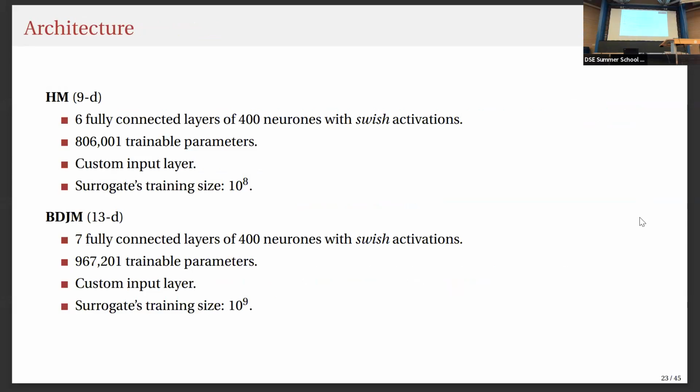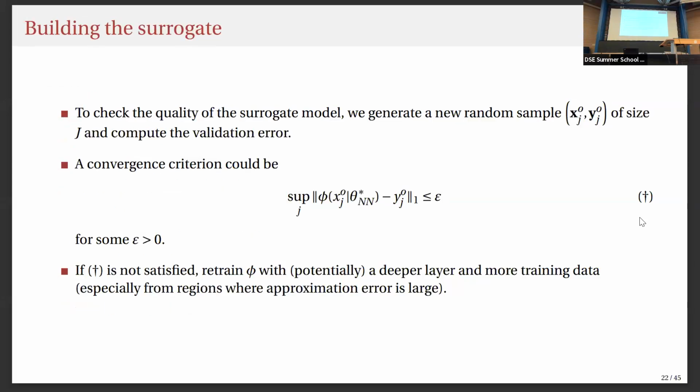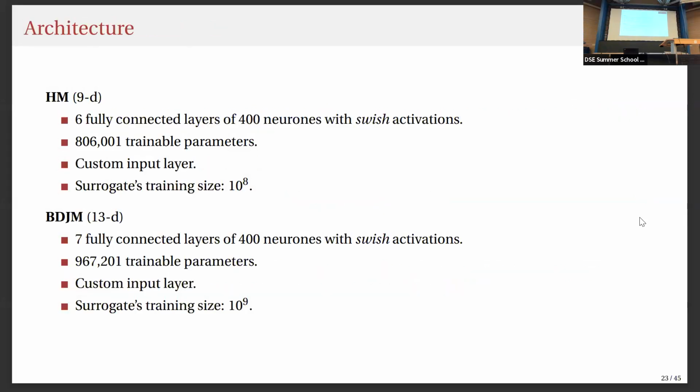All right, so this is the architecture we end up using for the problem that I showed you on the first slide, the 13-dimensional problem. We end up using a very straightforward feed-forward network with 7 fully connected layers, 400 neurons in each. So it's not that deep per se, but relatively wide.